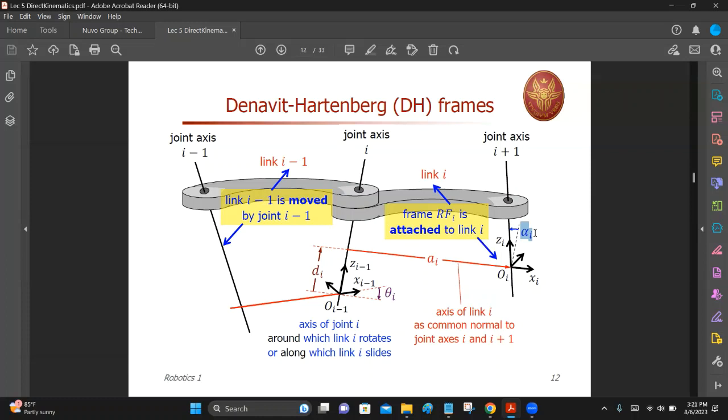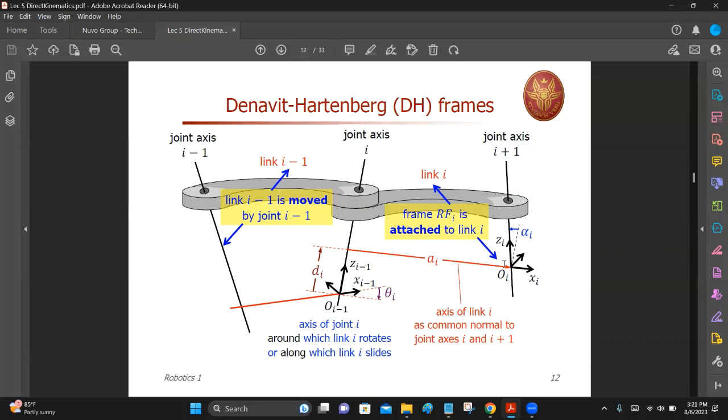So in mathematics, if you have a rotation and translation with respect to the same axis, we call it a screw operation. So here you can see one screw operation because there's a rotation and translation with respect to the z-axis here. And at this point, you can also see the displacement and the rotation with respect to xi, the same axis.